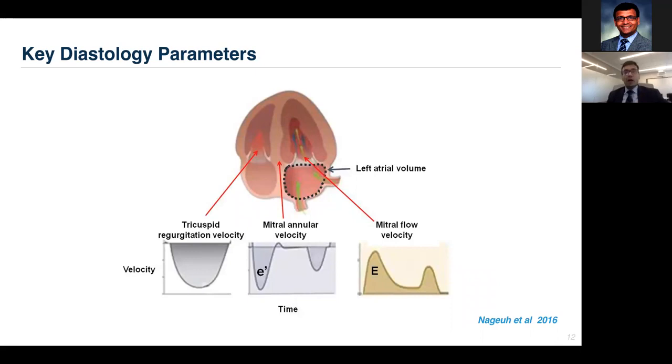These features are mitral annular velocity E prime, taken from the septal and the lateral corner, left atrial volume, tricuspid regurgitation velocity, and the ratio of transmitral flow velocity E over E prime, mean E prime. You look at these four features and try to run through a schematic to see how many of these are abnormal.